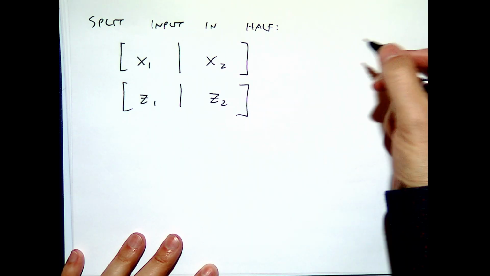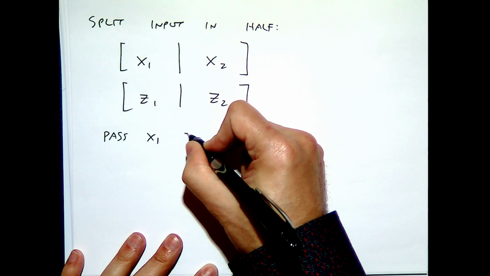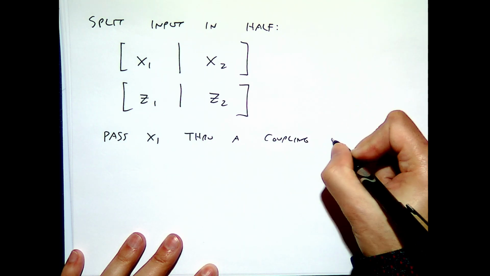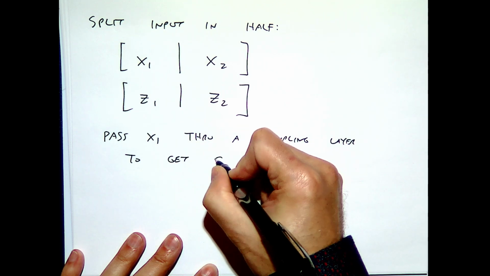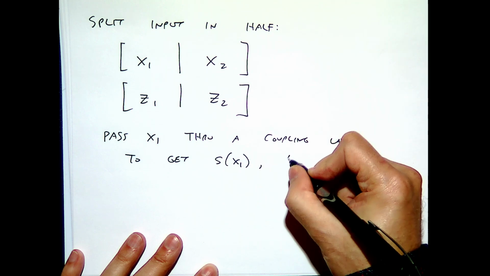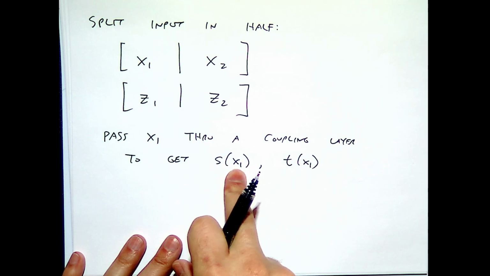And then I pass the x1 part through a coupling layer to get a scale vector and a translation vector for that half.